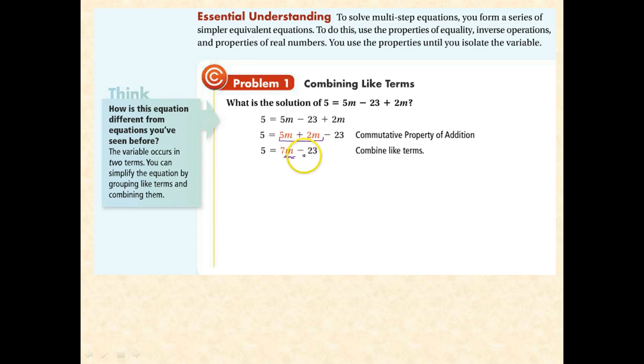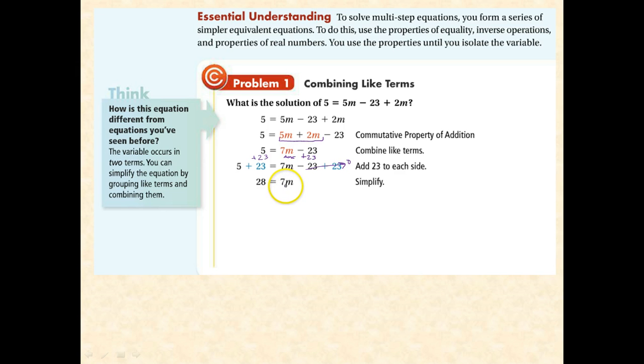So I would like to add 23 to both sides. Negative 23 plus 23 is 0. So we get 7m by itself over here, and 28 over there when we simplify.